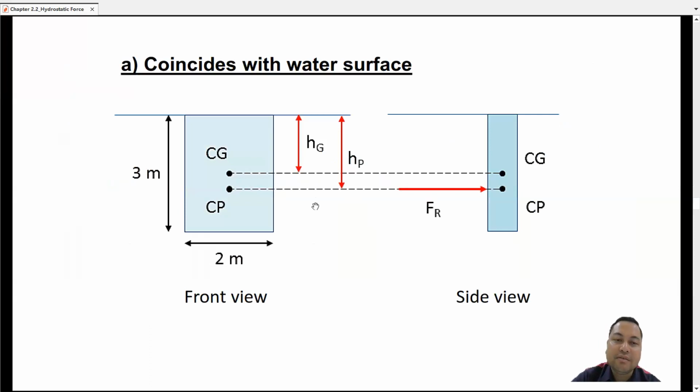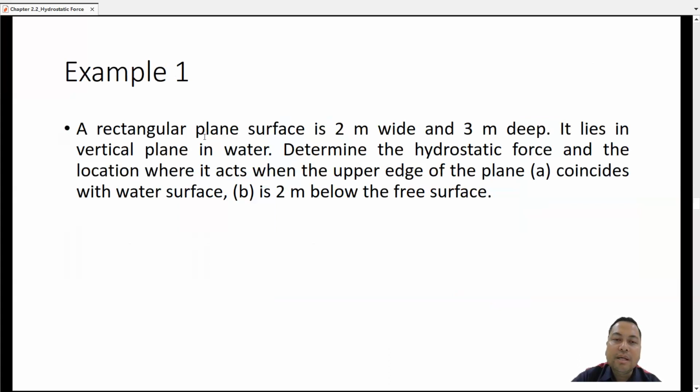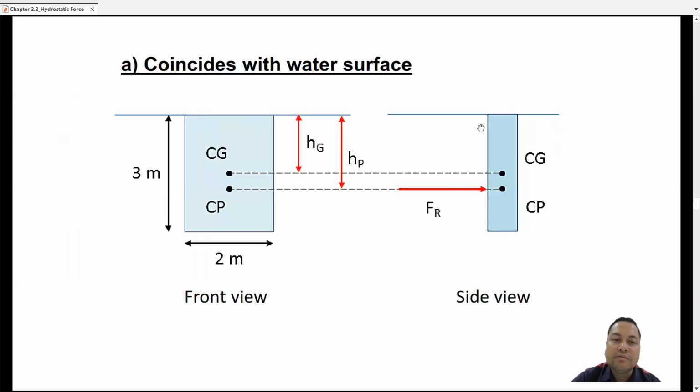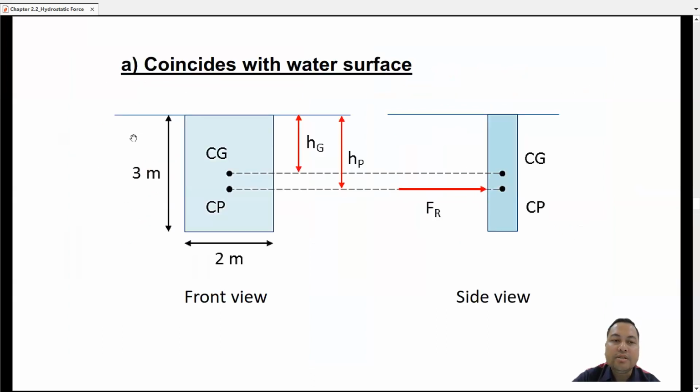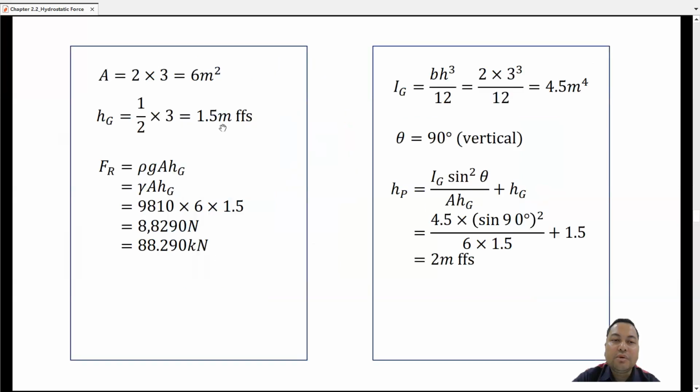Let's look at the first scenario, where the top of the plane coincides with the water surface. We know F equals rho g A Hg, so we have to determine the area: 2 times 3 meters is 6 square meters. And Hg is half of 3 meters, so it is 1.5 meters from the free surface.